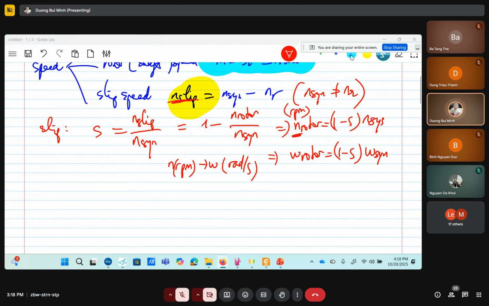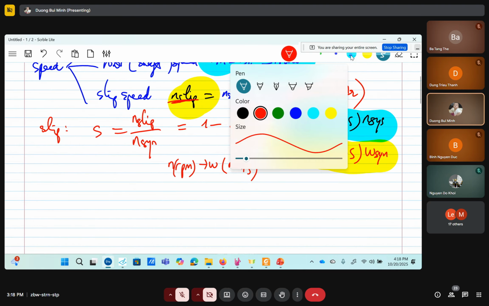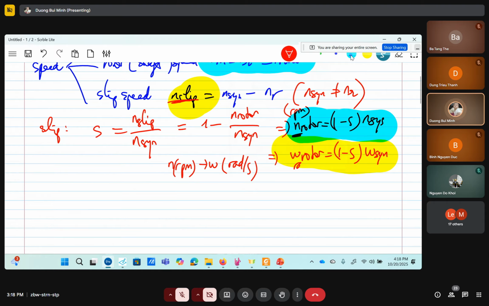So we have the equivalent formula here and here, and it's up to you which to use. If we use radian per second, I mean angular speed, we use this formula. If we use RPM, we use this formula.